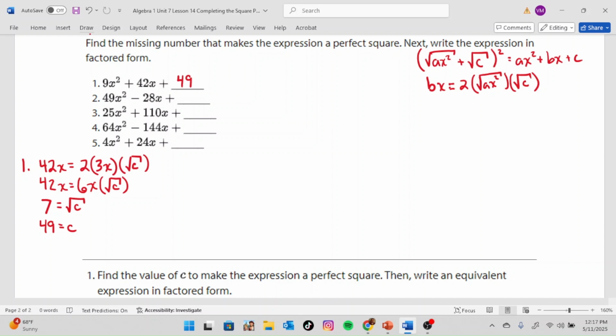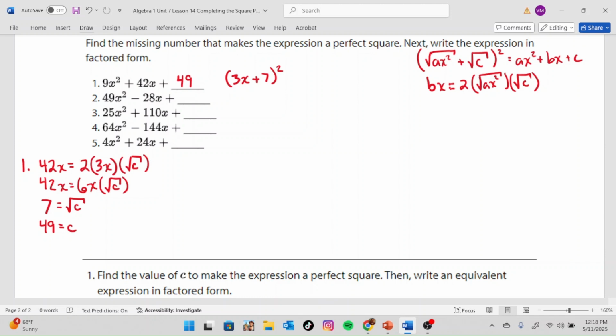Now in factored form, we're going to have the square root of ax squared, which we said was 3x, plus the square root of c, which we just said was 7, and we're going to square it.